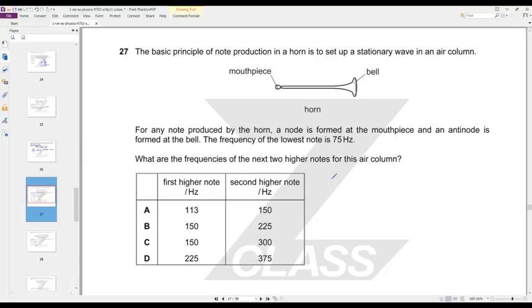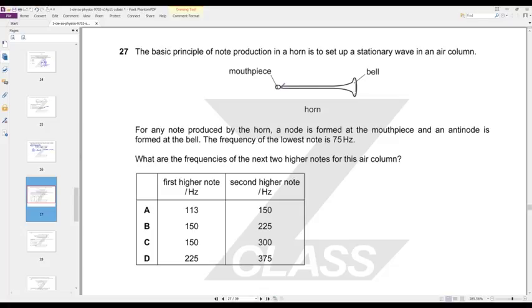Interesting. So this is essentially requiring you to consider what this has to look like. Okay? So node at the mouthpiece and an antinode at the bell.